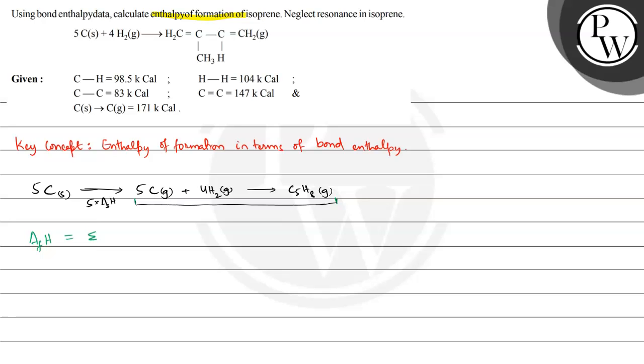So first this is summation of bond enthalpy of product minus summation of bond enthalpy of reactants, and then we have plus this 5 multiplied by heat of sublimation. So this is 5 into delta SH.